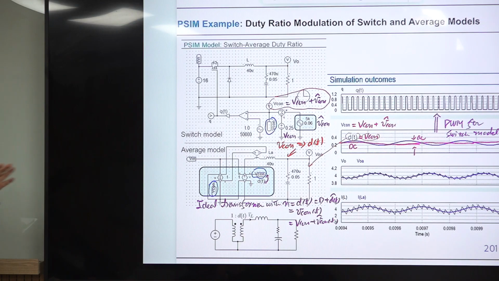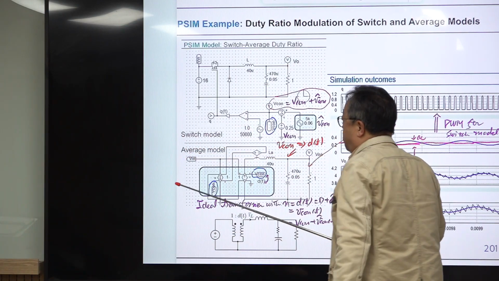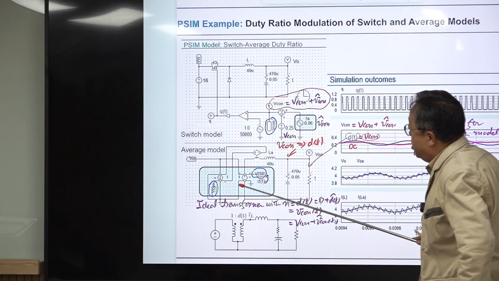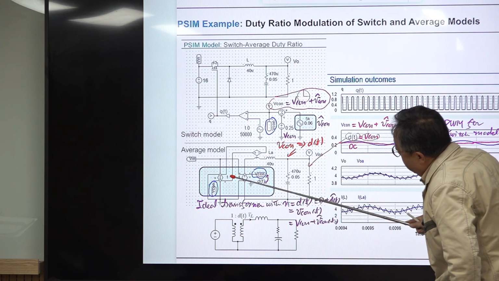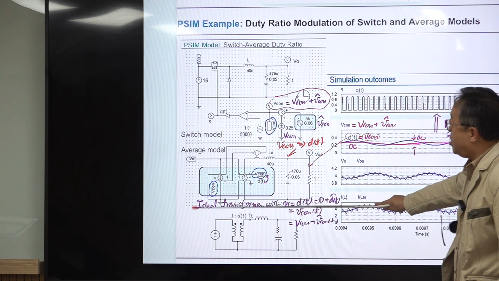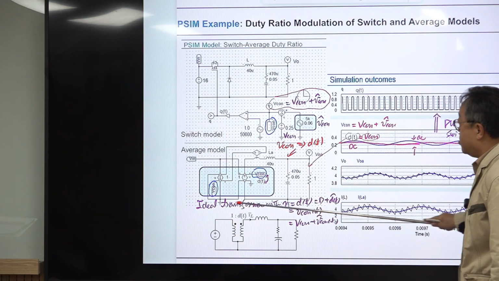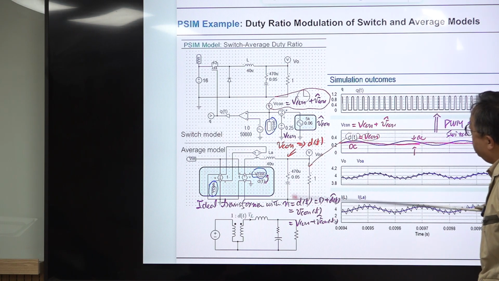In PSpice, there is no ideal transformer, so I build it using a voltage source and a current source, and I sense this current to emulate the function of the ideal transformer. So this is the ideal transformer with the turns ratio of d(t), which is D plus d-hat(t), the same as V con in here.